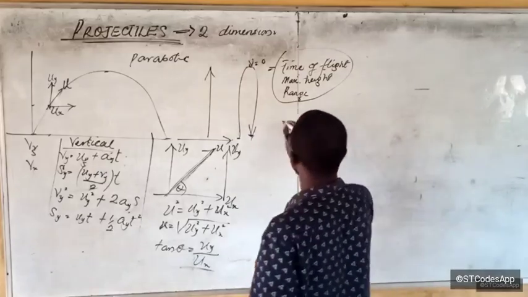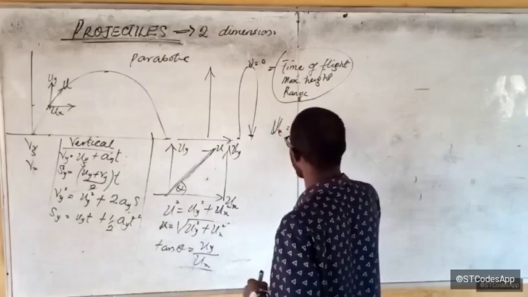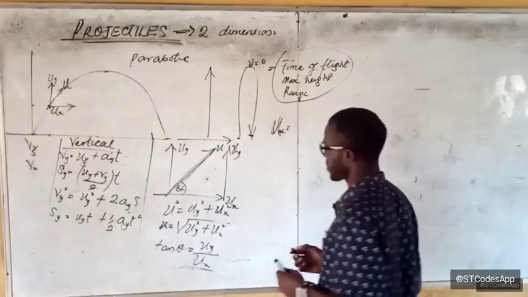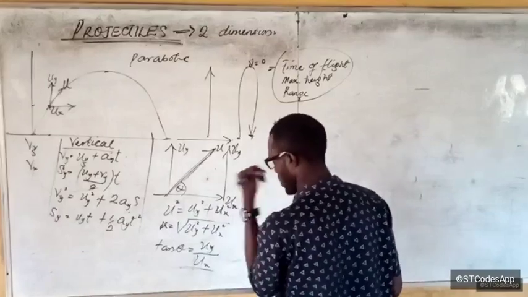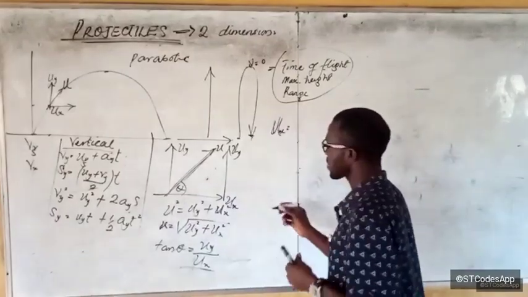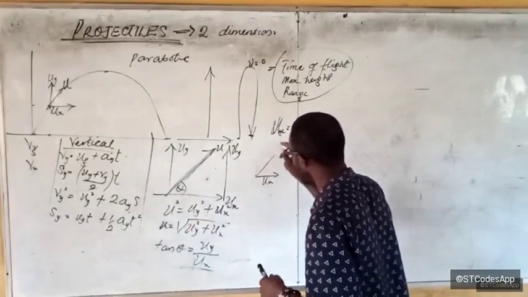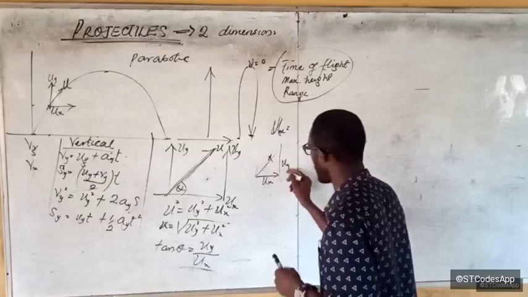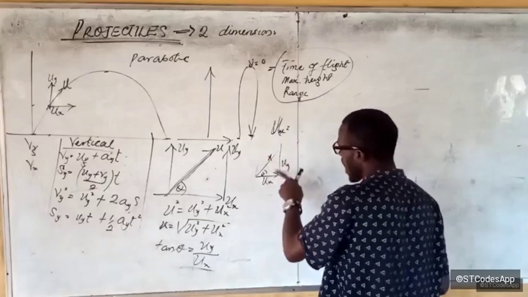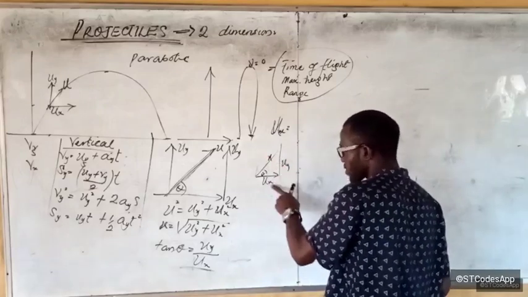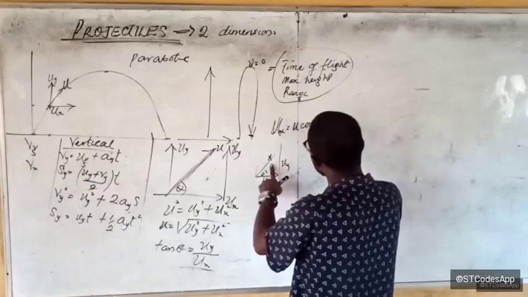So first, let's talk about the x component. Our u sub x is going to be, how do we get this u sub x, which is here? You know that we have this place to be u sub x, this place to be our u, this place to be u sub y, and this is theta. So to find u sub x, it is going to be u cos theta.